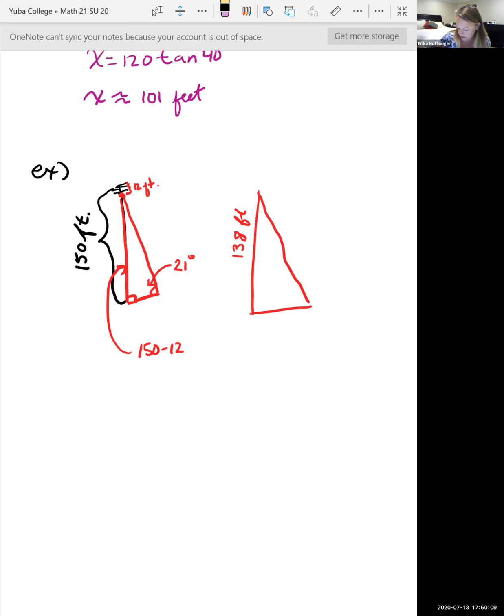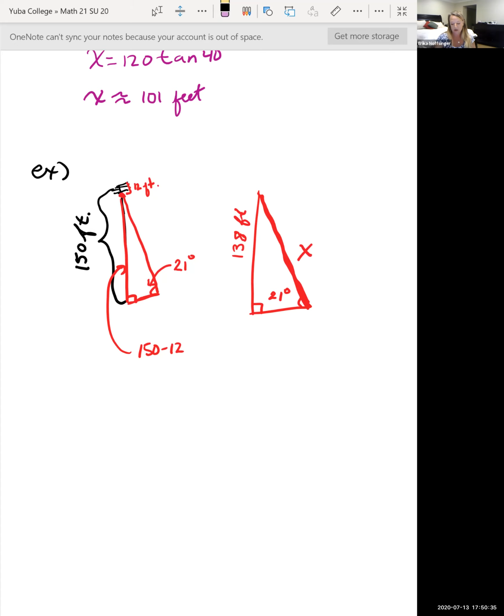It's a little messy. And we know that this is 21 degrees. And we're asking, how long should the guy wire be? So we're trying to figure out our hypotenuse. Let's just call it x.